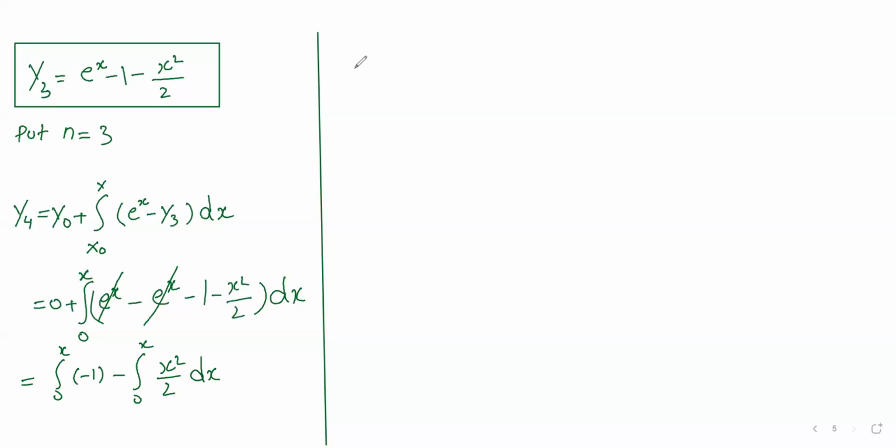And then we will put the value in here. So what will be the value? Okay, this one should be plus, right? So this one is cancelled, so it is plus, this one is plus as well. And then finally, we will have x plus x cube over 6. Okay, so this one will be y4.